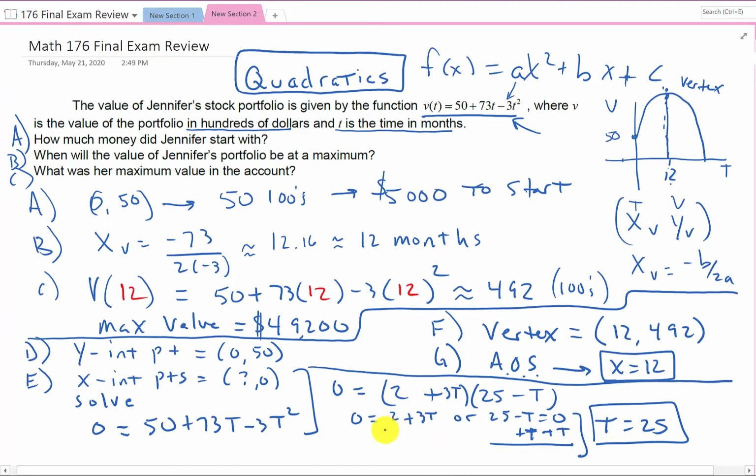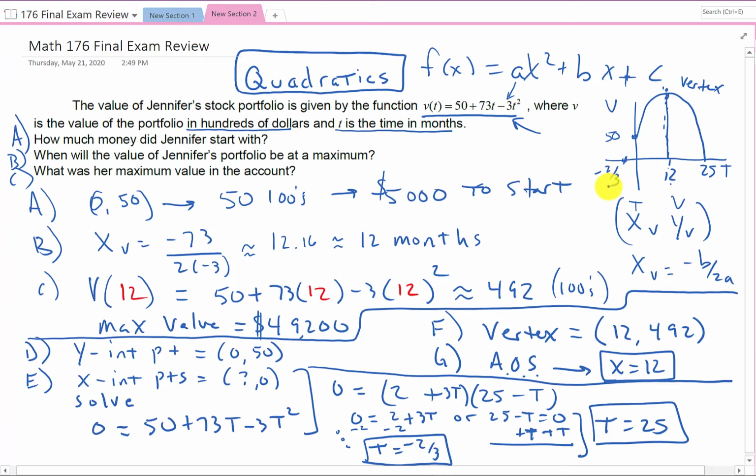If I solve this one by minusing the 2 and going all the way through, I'm going to skip some steps here. I get t equals negative 2/3. Now the quadratic equation has two answers. I've got zeros at 25, and I have another 0 over here at negative 2/3.